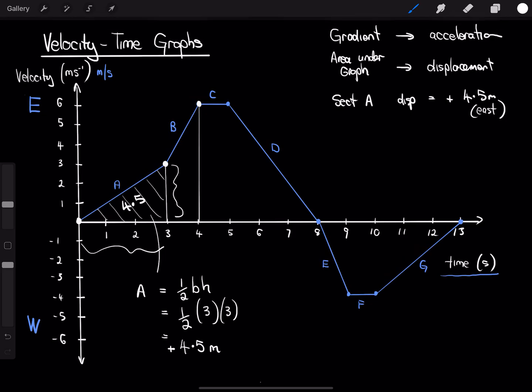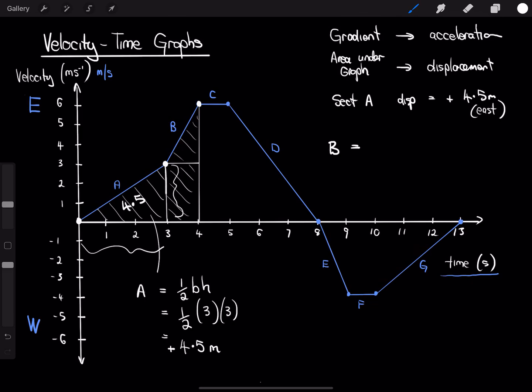In this case, we can see that the shape is made up of a triangle and a rectangle. So we need to work out the area of both of these and then add them together. So in section B, first we'll do the rectangle.